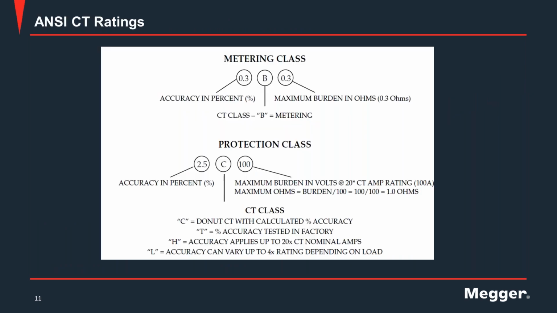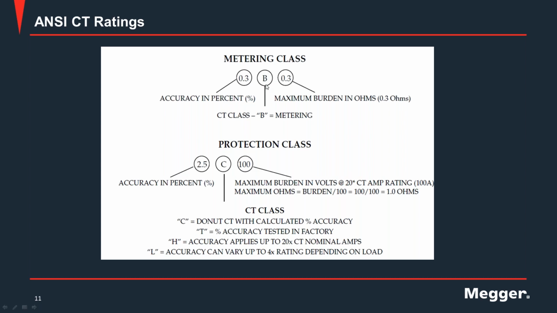Now, talking about the CT ratings, as you can see in the nameplate, let me talk first about the ANSI rating. You have these three numbers and letters. The first position determines the accuracy in percent.